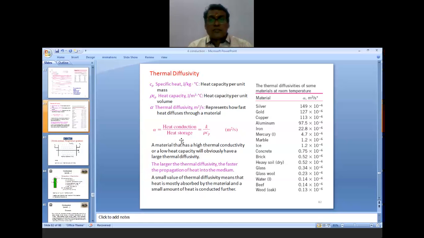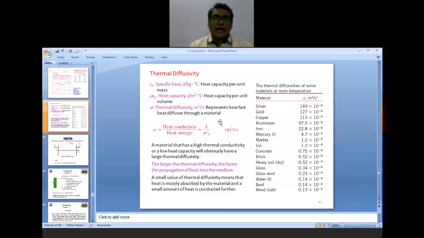Now the thermal diffusivity has units of meter square per second and represents how fast the heat diffuses through a material. A material that has a higher value of thermal conductivity, or a lower heat capacity, will obviously have a large value of thermal diffusivity.